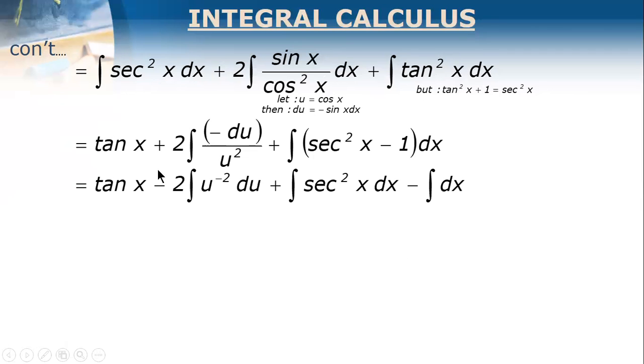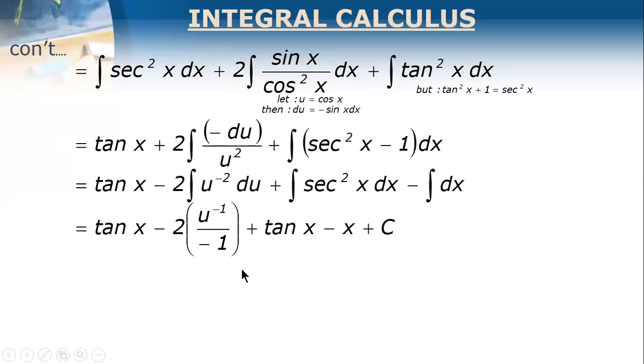And then the negative and the minus 2, u squared transferred to the numerator becomes u raised to negative 2. And then the integral of secant squared minus the integral of dx. Again, the integral of secant squared x dx is actually tangent x. And then use power rule, and we have this.